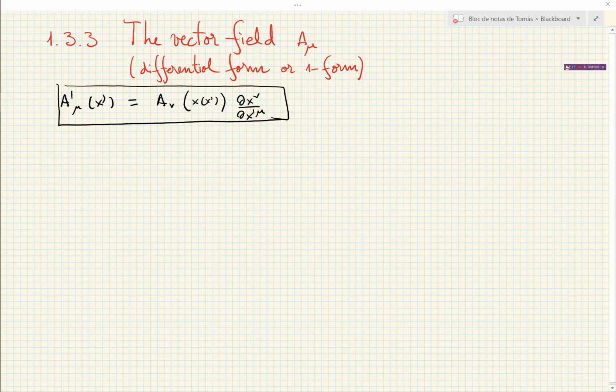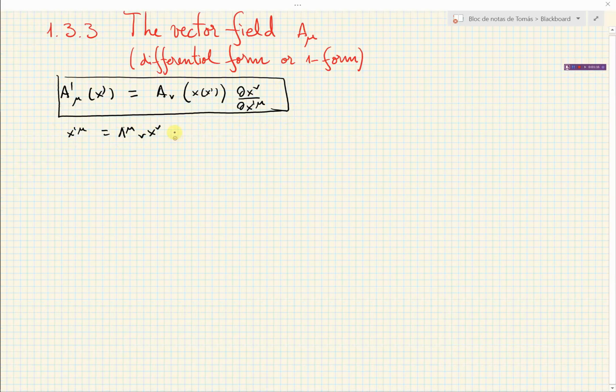So in particular for Poincaré transformations, we have that they are given by this expression: x prime mu equals lambda mu nu x nu plus a mu. But in this transformation rule, we need to express x as a function of x prime, also to compute the inverse Jacobian matrix.